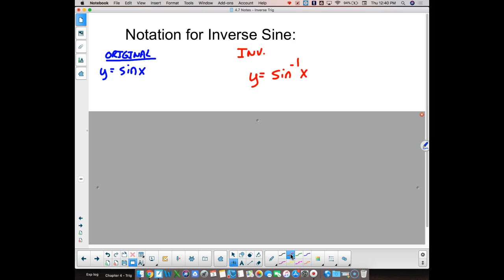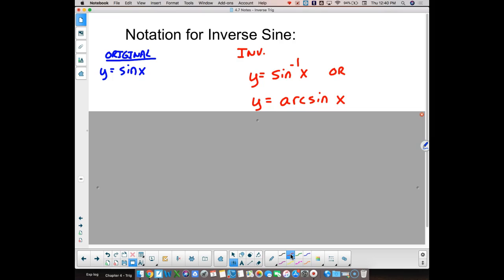You saw that one in geometry. We're going to add one here now. That means the exact same thing. If we have arc sine of x, that is also the inverse. And both of those stand for inverse.